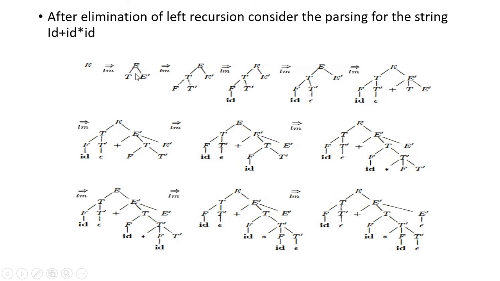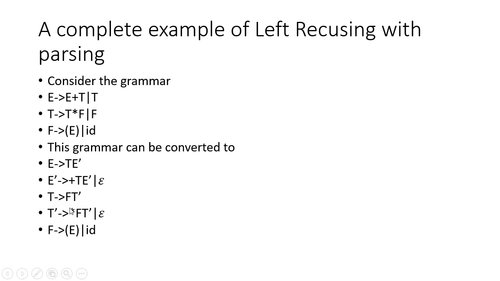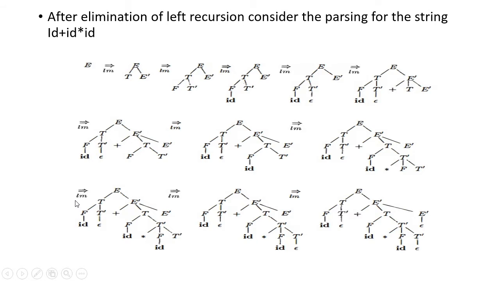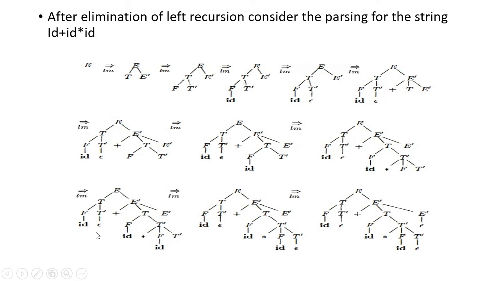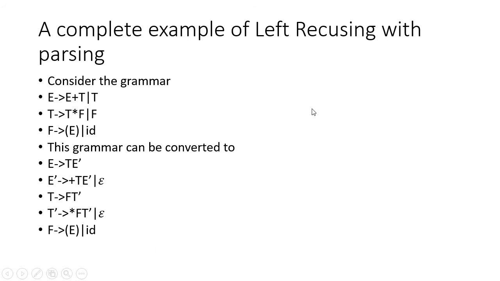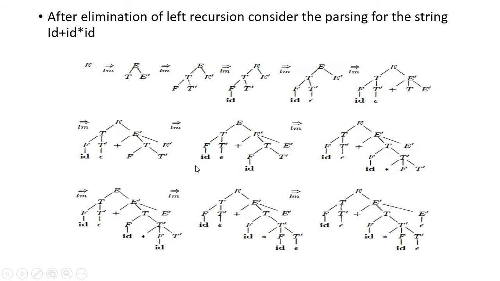Then T can be derived as F T dash. F derives id. Again immediately go to T dash, T dash derives epsilon. Then go for E dash.